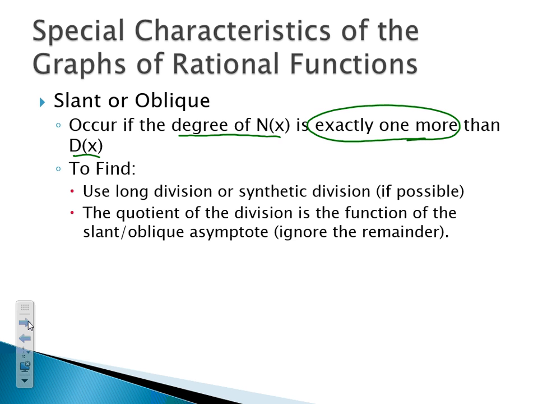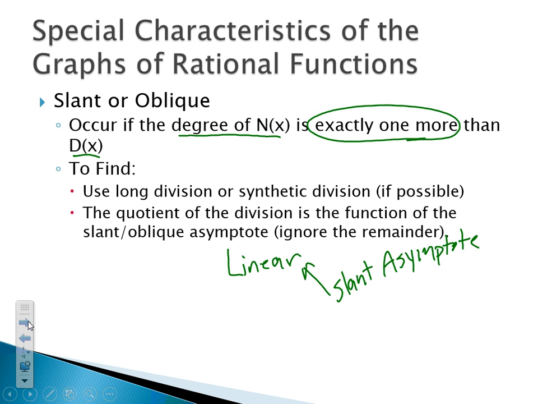What we're going to do here is use either long or synthetic division, and we're going to simplify this down until we get a linear equation. And when we simplify this down to a linear equation through long division or synthetic division, that linear equation serves as our slant asymptote. So I'm going to show you an example of this through our last example problem.